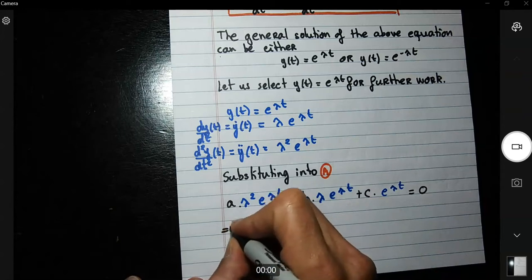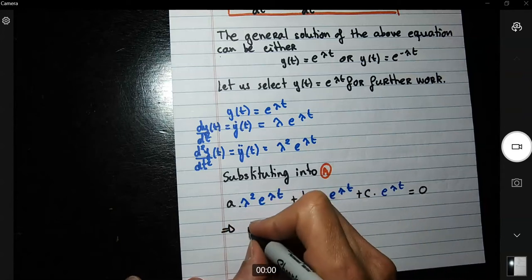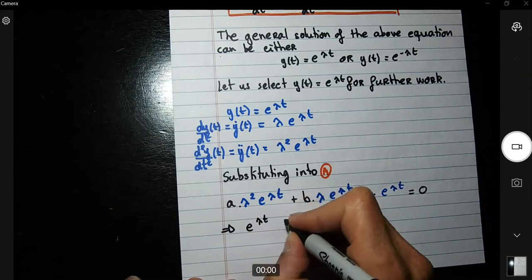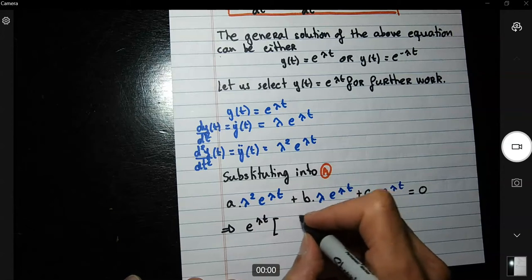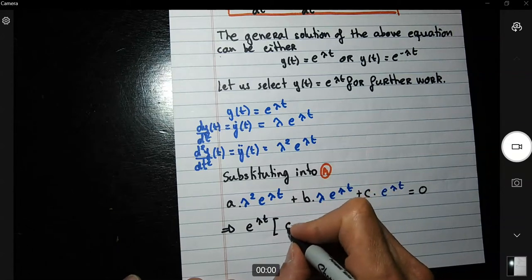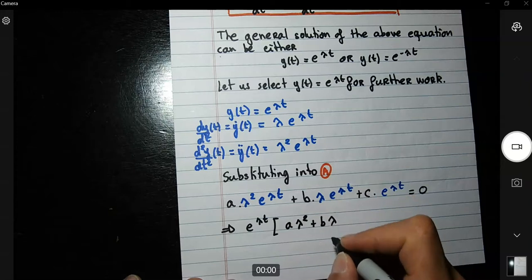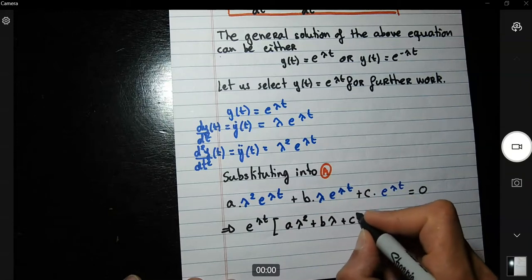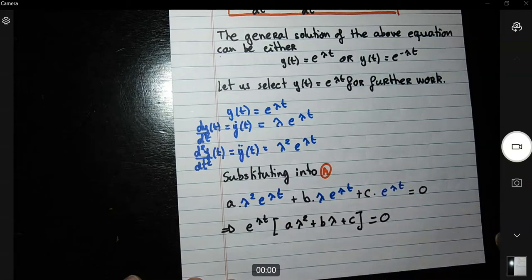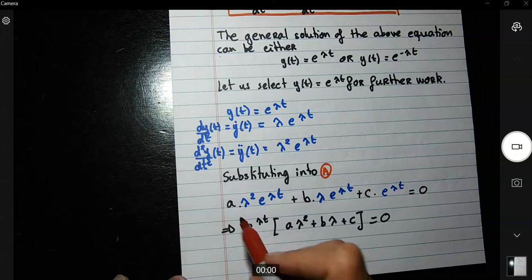So we can just rewrite that equation if we factor out e lambda t as what? A lambda square plus B lambda plus C equal to 0. Okay?